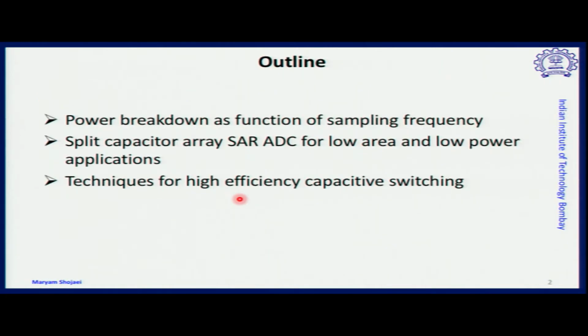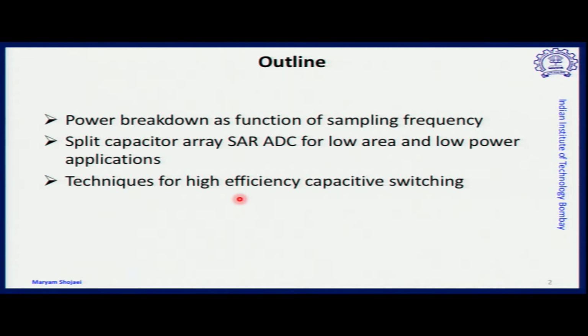Outline of today's lecture is, first, power breakdown as a function of sampling frequency, just as an example to see how sampling frequency changes the power breakdown. Then one technique which is used for reduction of the area and power and has been known for a long time.